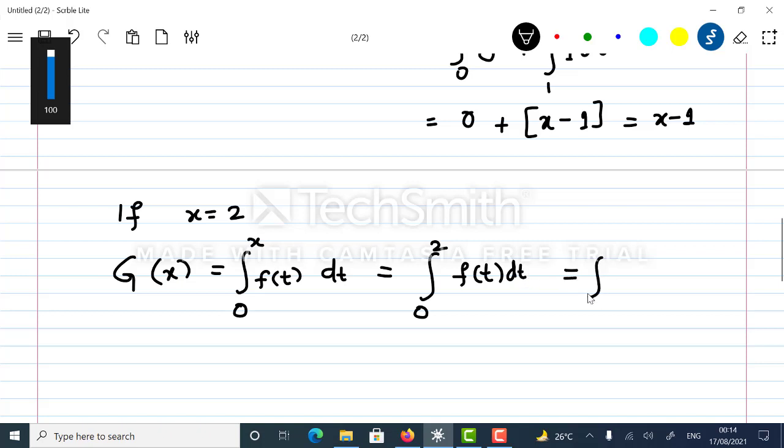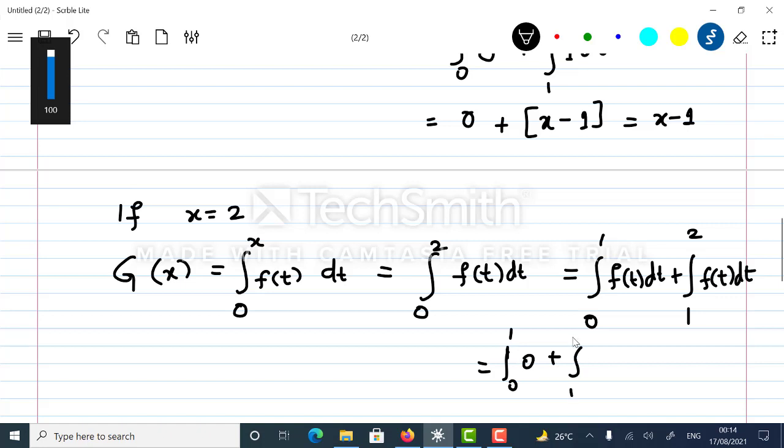Now this will be split as 0 to 1 f of t dt plus 1 to 2 f of t dt. Between 0 to 1, my function is 0, and between 1 to 2, my function is 1.